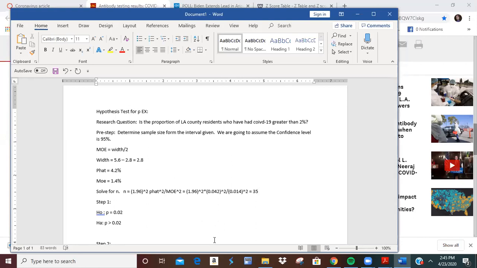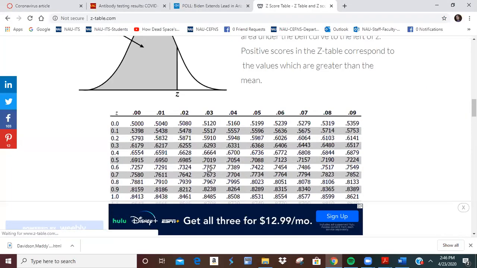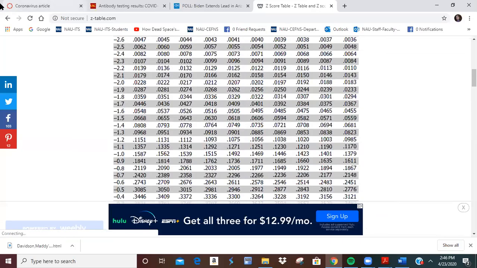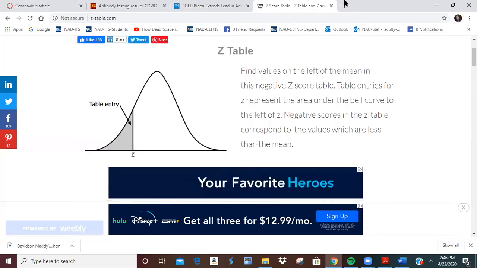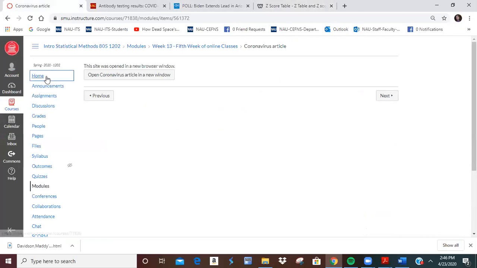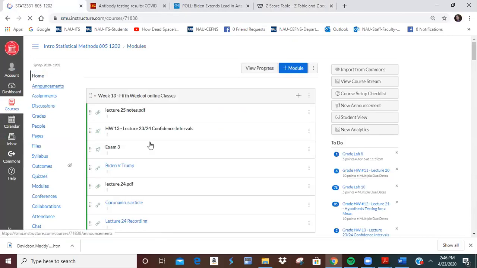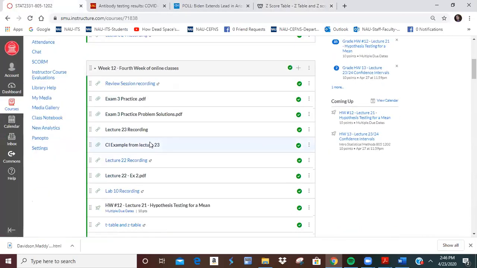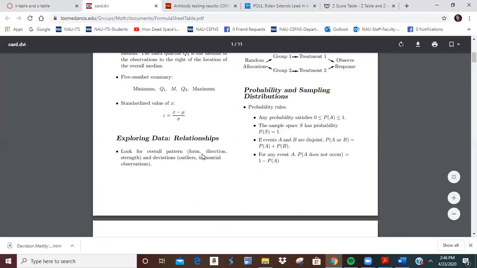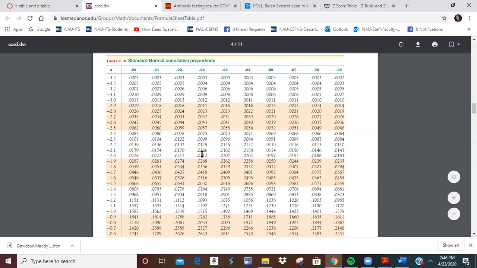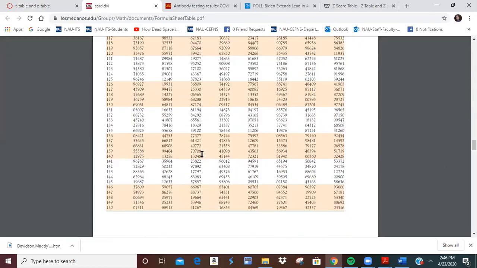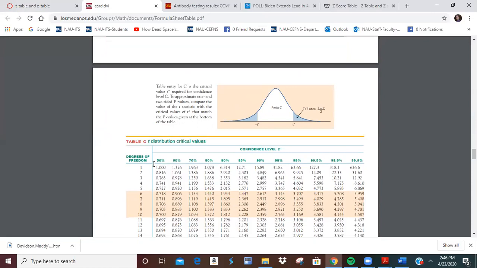Where did the 1.96 come from? The 1.96 comes from, let's go to the t-table and look at that. I don't like the z-table, so I'll go to the t-table that I gave you. It's set up so you can do confidence intervals.